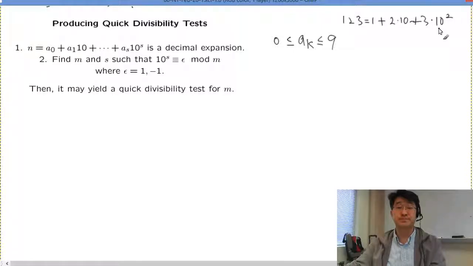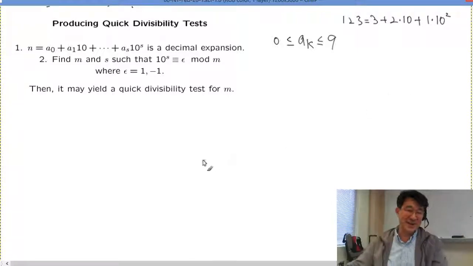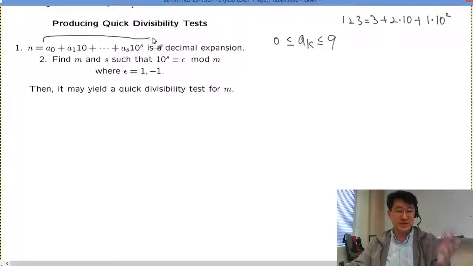That expansion is not entirely correct. Sorry about that. It is 3 plus 2 times 10 plus 1 times 10 squared, right? It is a different direction, I realize. So increasing left to right. So that's the decimal expansion, right?